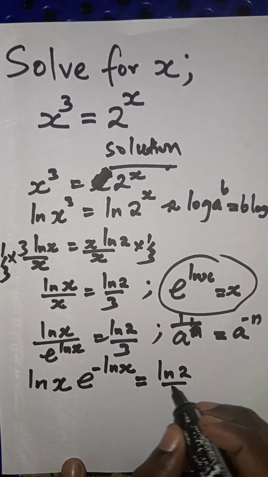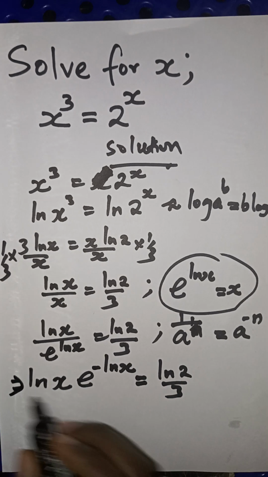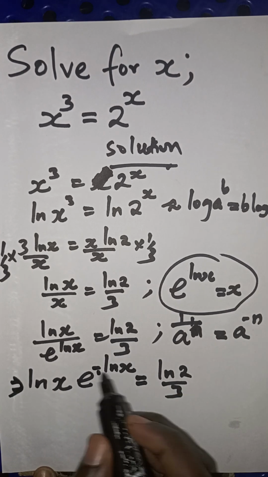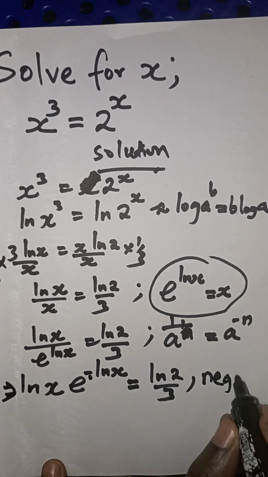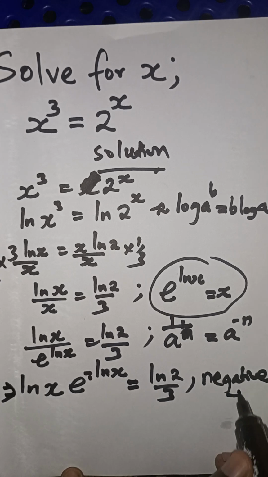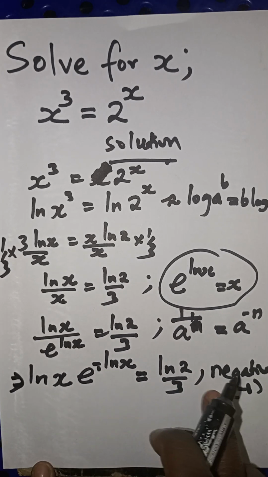ln 2 over 3. So guys, at this particular point, I have a negative. The negative has come up. I want to remove this negative by negation, or by multiplying all through by -1.